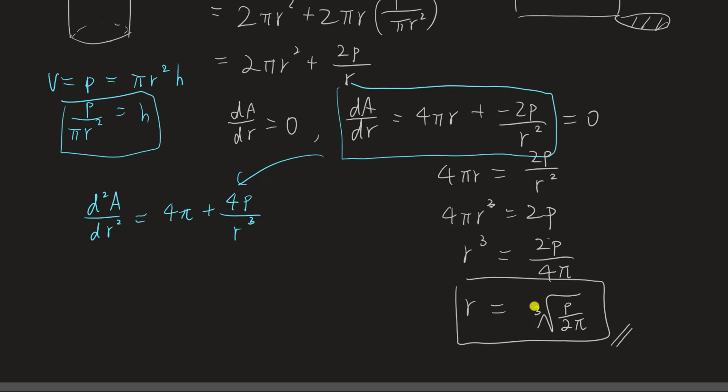And then putting this back here, you will realize that this is actually a positive number. Therefore, A is a minimum at r equals the cube root of P over 2π.